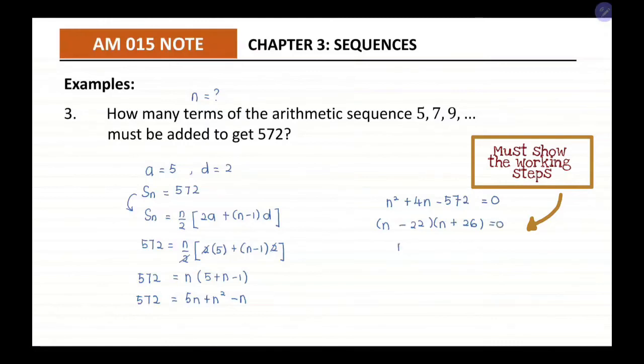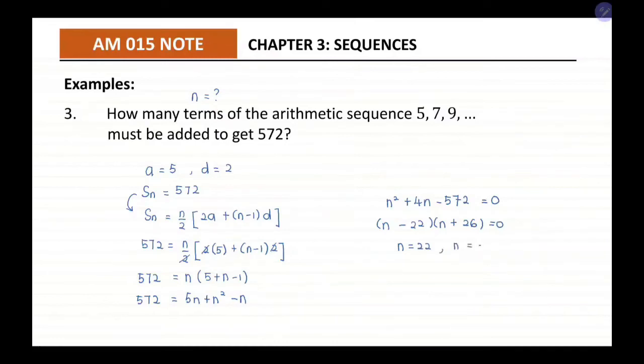So we get n is 22 and n is negative 26. Since n is how many terms, we conclude our n is a positive number only. Terms means we can count, so we just take the positive value. So n equals 22.